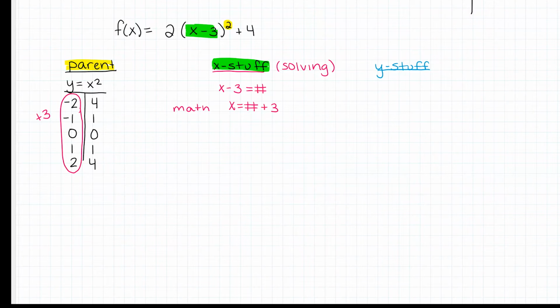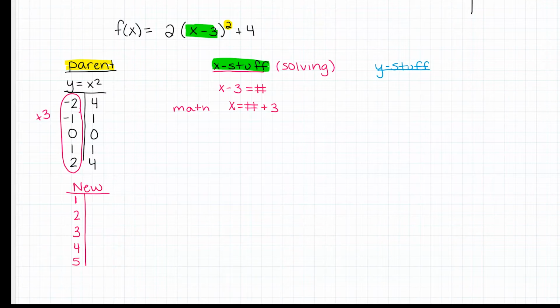So that would give me, let's see, -2 plus 3 is 1. -1 plus 3 is 2. 0 plus 3 is 3. 1 plus 3 is 4. And 2 plus 3 is 5. I'm just going to label this new. That one was parent. This one is new. So now you can think about what math happens there.